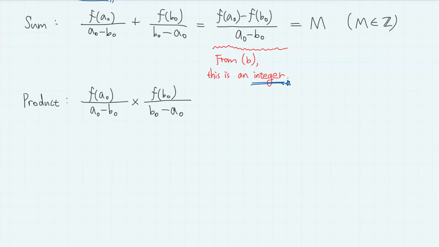Next, let us calculate the product of the two numbers. This gives minus f(a0) times f(b0) divided by a0 minus b0 squared.